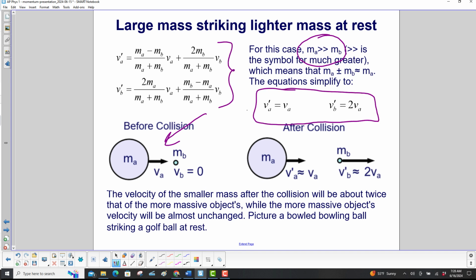And it shows that the initial object that's very large roughly keeps its same velocity. However, the less massive object takes off with twice the initial velocity of the large object. So the velocity of the smaller mass after the collision will be about twice that of the more massive object, while the more massive object's velocity will be almost unchanged. Picture a bowling ball striking a golf ball at rest.